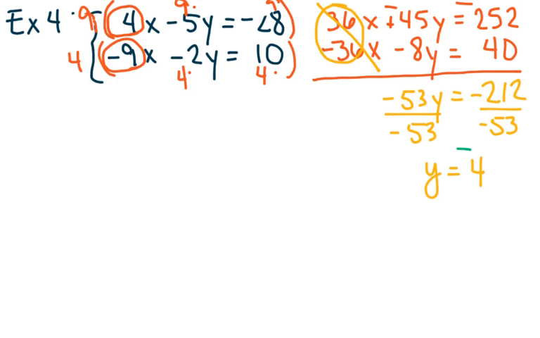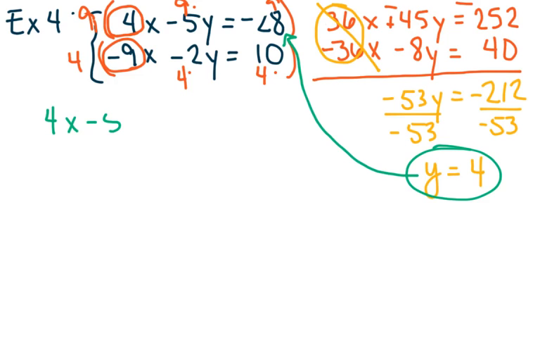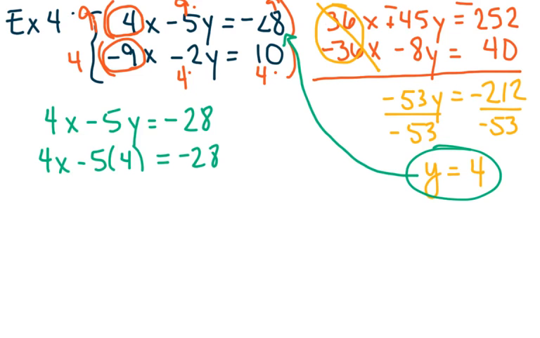All right, so once I have y equals 4, I go back to one of my originals, doesn't matter which one, so I will do 4x minus 5y equals -28. That was one of my original problems. Plug 4 in for the y, so I have 4x minus 5 times 4 equals negative 28. 4x minus 20 equals negative 28.